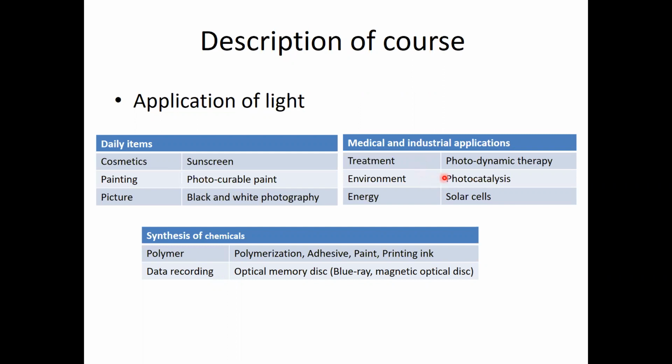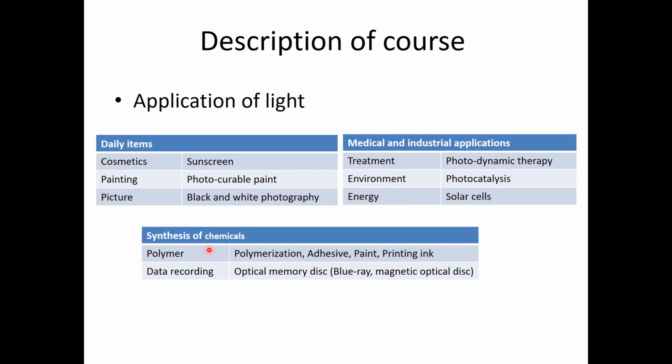In the environment, we use photocatalysts for cleanup of surfaces by using sunlight energy. And also in solar cells or photovoltaics, we are trying to capture more energy from sunlight.